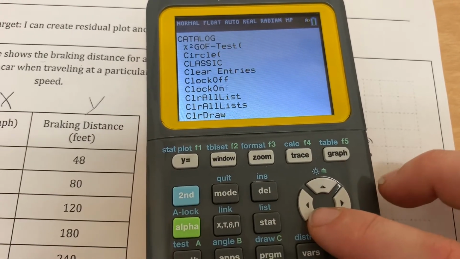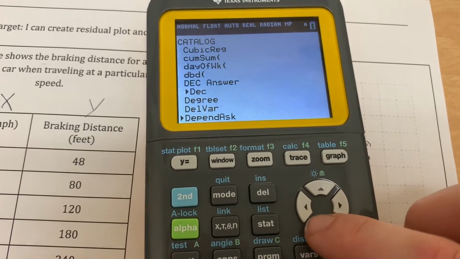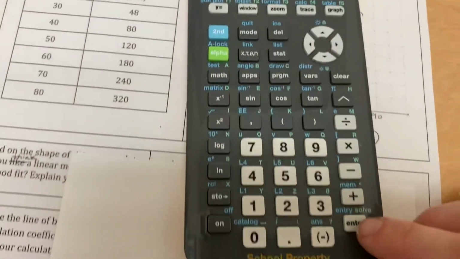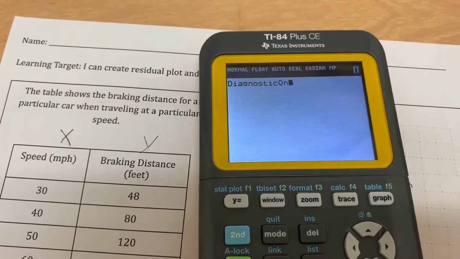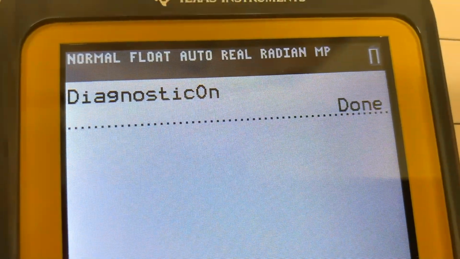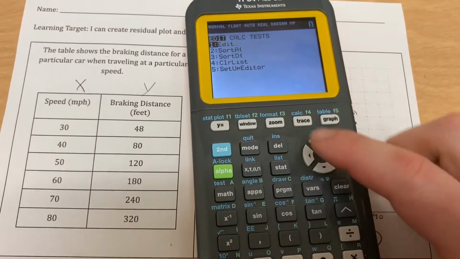Press enter. We need to turn the diagnostic on. Press enter again. Make sure it says done. Okay, now we're ready.